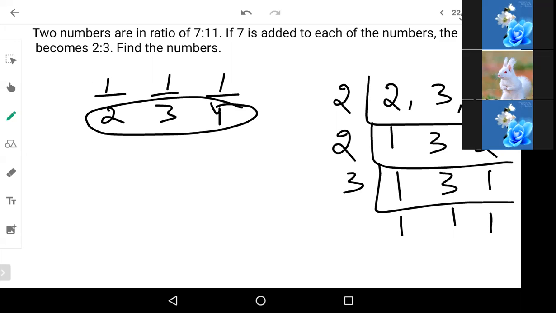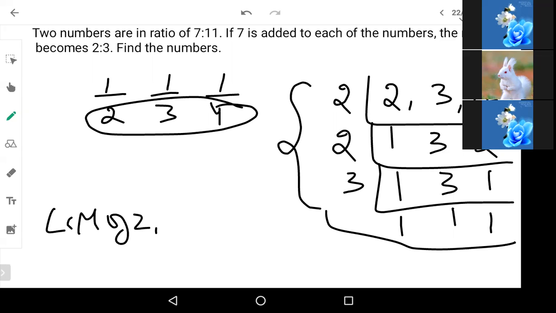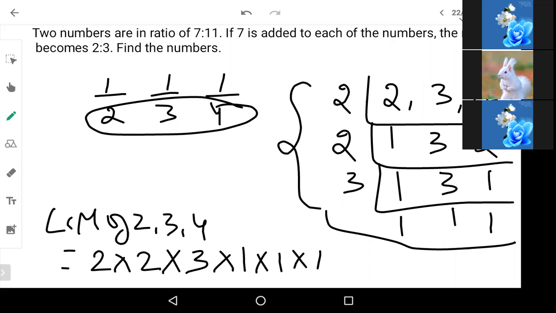In LCM, whatever you get here, just multiply, including this part. So what is the LCM of 2, 3 and 4? 2 twos are 4, 4 threes are 12, into 1 into 1 into 1. Now if you multiply all this, you'll get 12 as the answer. Okay, so this is the LCM that we have considered.